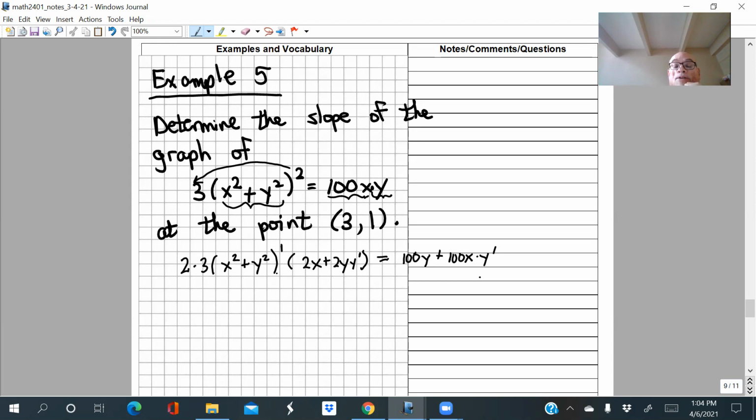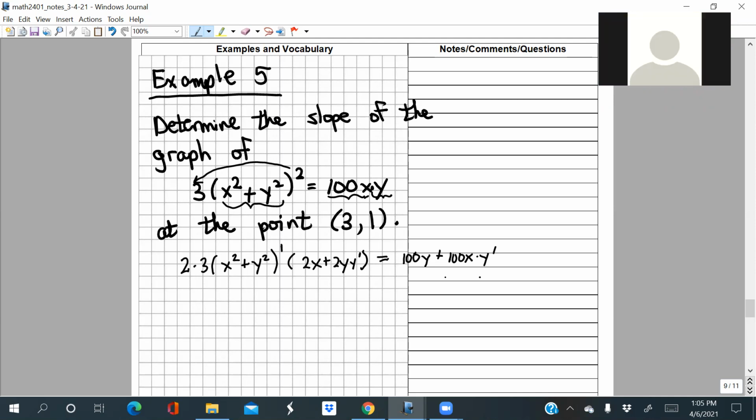And there you got it. Now, of course, there's a lot more work here to do because now we would have to take this equation and solve it for what? What do we want to solve for in this equation?